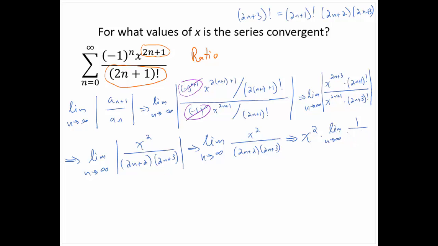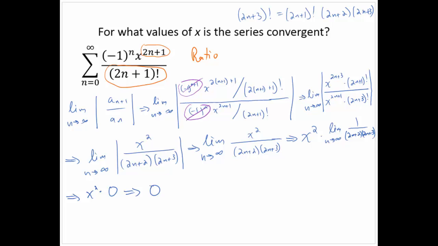I can bring that x squared outside because the limit is with respect to n. And now as n approaches infinity, that would give me x squared times 0, since 1 over infinity is 0. So this is going to approach 0. And that's good for the ratio test, because that's less than 1.